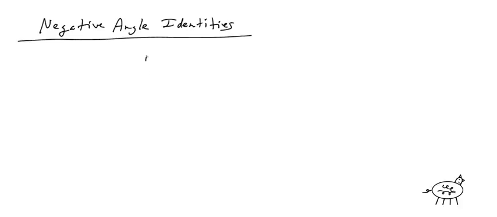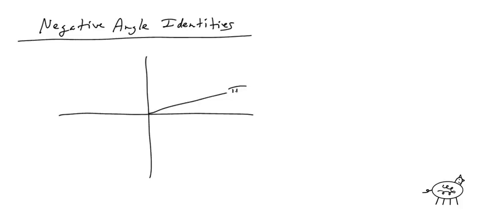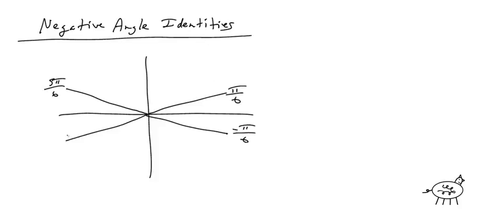So let me draw a picture here first. I'm going to put pi over 6 here, 5 pi over 6 here. As opposed to going all the way around, I'm just going to say negative pi over 6, and this is negative 5 pi over 6.